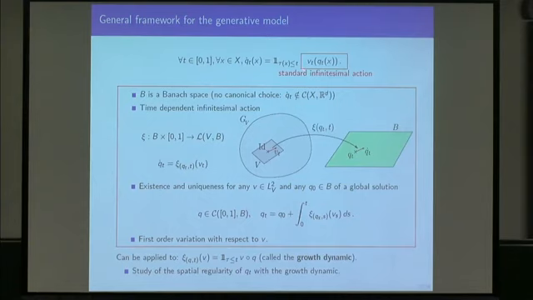So we have a space of mapping, the time-dependent infinitesimal action. So the infinitesimal action depends on the time. You have your group of deformation, the space of vector field, which models the tangent space at the identity, and psi qt gives you the action of vt on your shape.